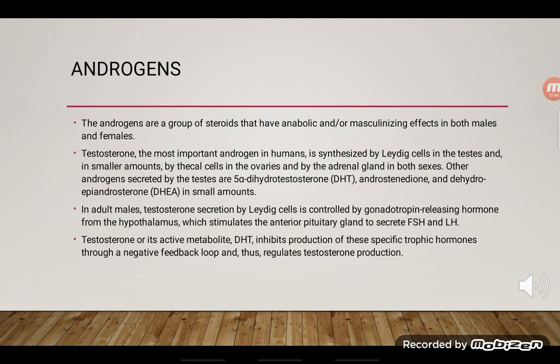Other androgens produced by the testes include 5-alpha dihydrotestosterone, androstenedione, and dehydroepiandrosterone, which are produced in small amounts.